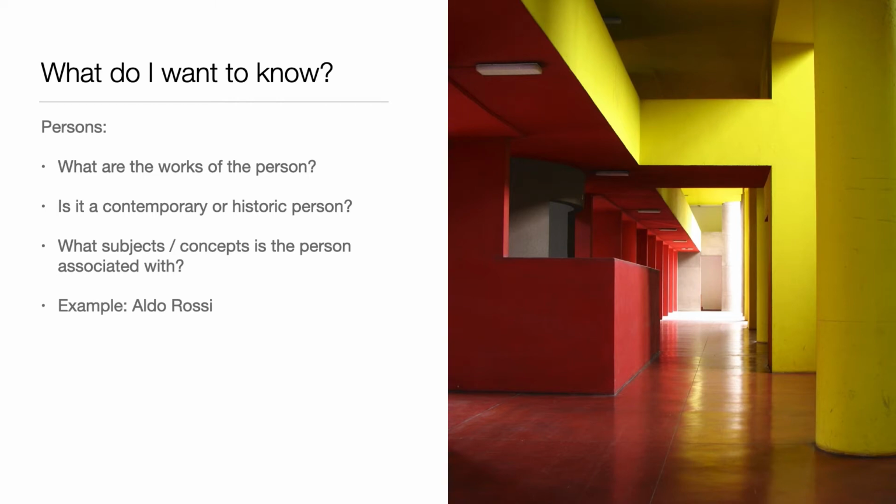And here as an example, you may take the Italian architect Aldo Rossi, who was on the one hand a practicing architect. He designed the Gallaratese housing in Milan, shown here on the right. But he was also an architectural theorist, and most notably known for the book The Architecture of the City, or L'Architettura della Città, which was quite influential.